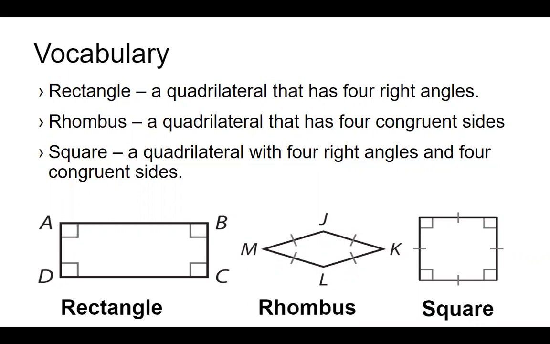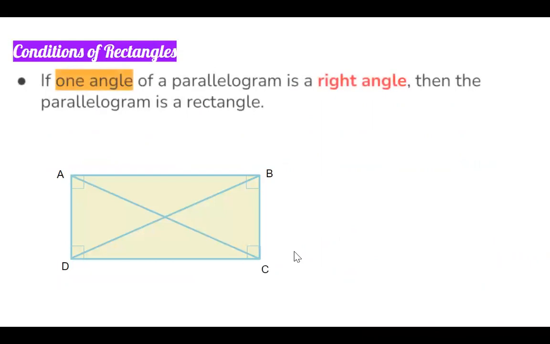So those are our definitions. Now, our conditions. The first one, guys, is a condition for a rectangle. In order for a quadrilateral to be a rectangle, we need to have a parallelogram. If we're given a parallelogram and exactly one angle measures 90 degrees, or a right angle, then it's automatically a rectangle.